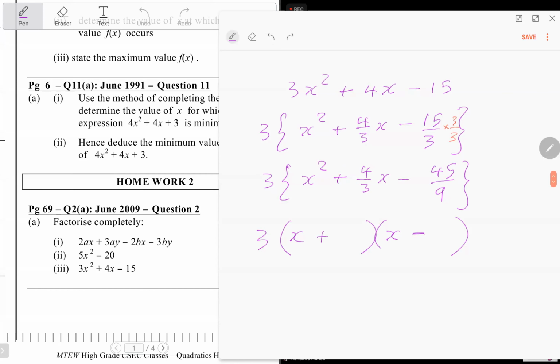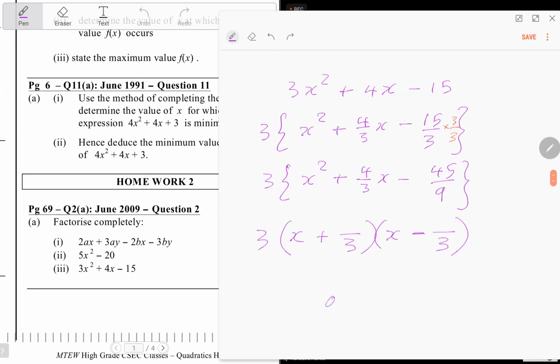Remember, it's going to be something over 3 and something over 3, because the middle term has 3 as denominator. 3 times 3 gives this 9. That's why I need the square right there. So I need factors of 45 where the difference is 4.